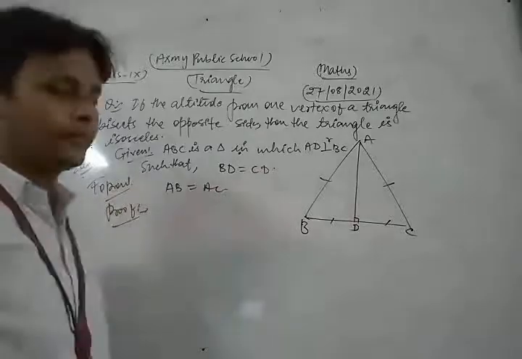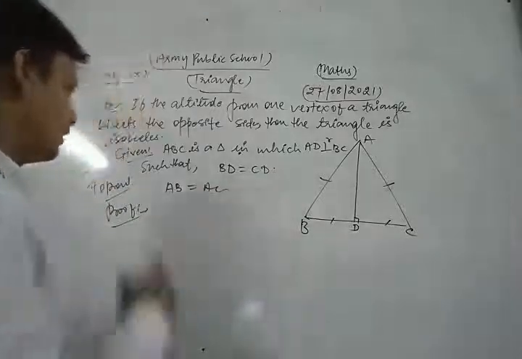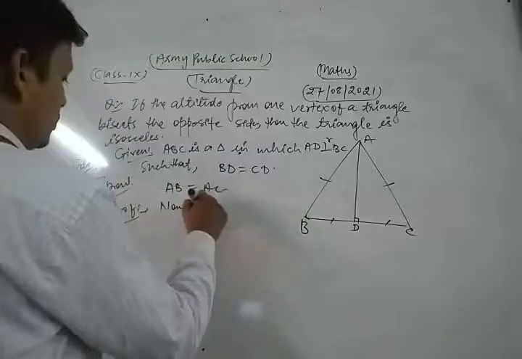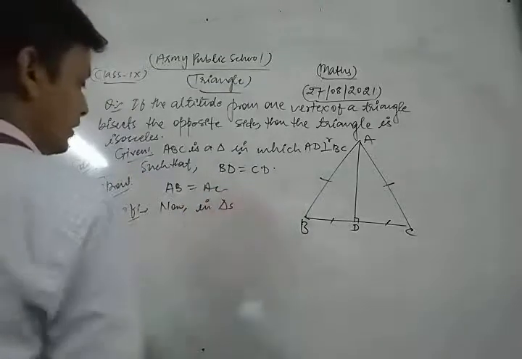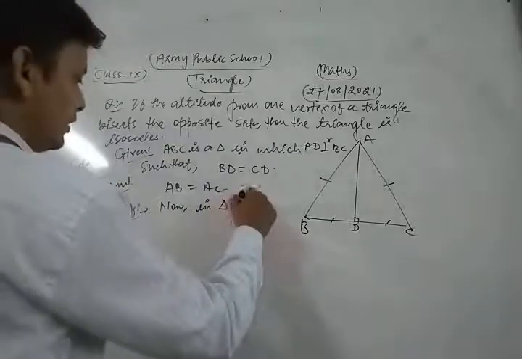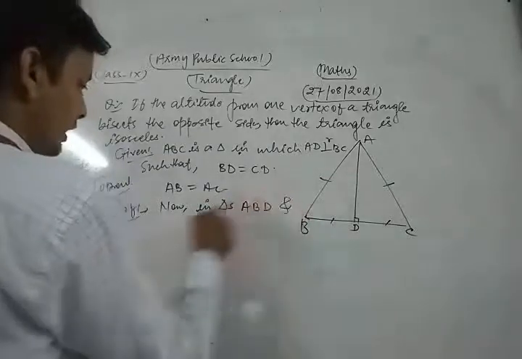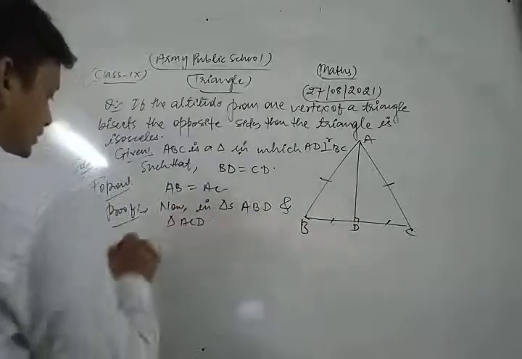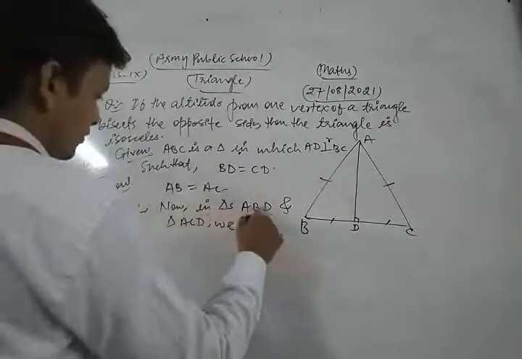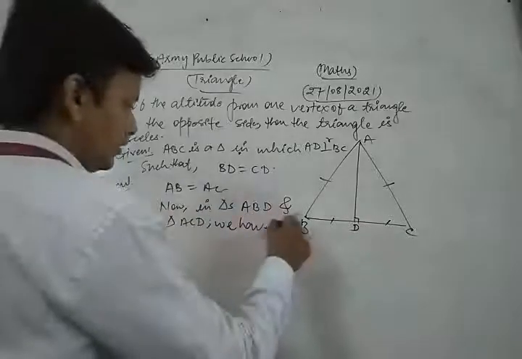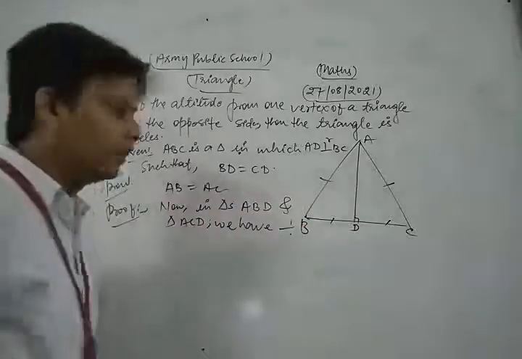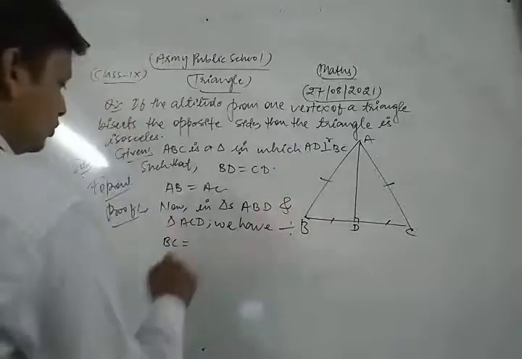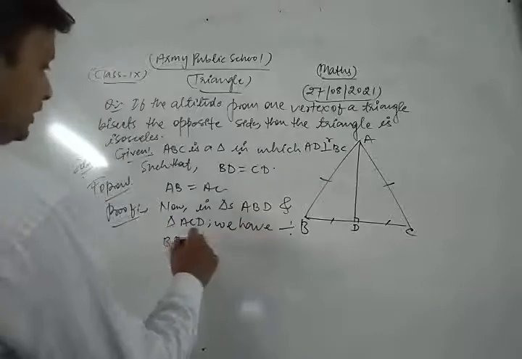So dear students, we take triangles ABD and ACD. We have BD is equal to CD.